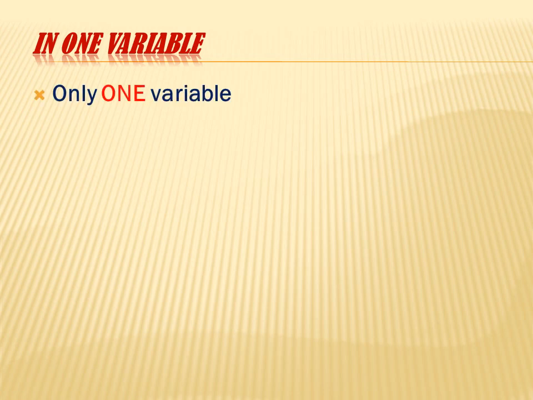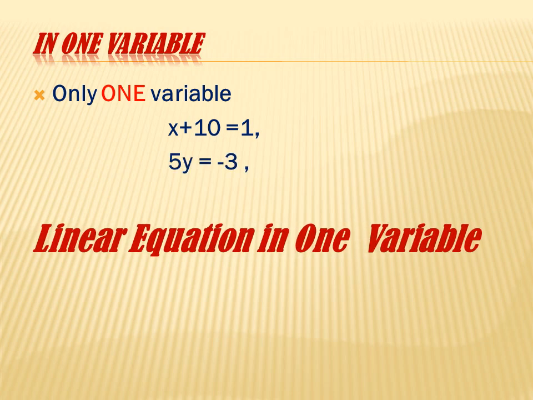Now let us start with second part of the title of this chapter, and that is in one variable. It means the variable we will take here in these equations will be only one variable. So the included one is x plus 10 is equal to 1, 5y is equal to minus 3.